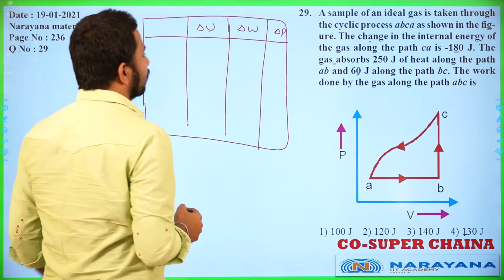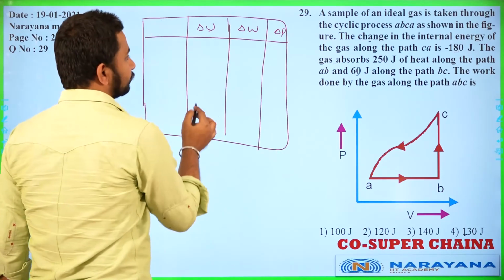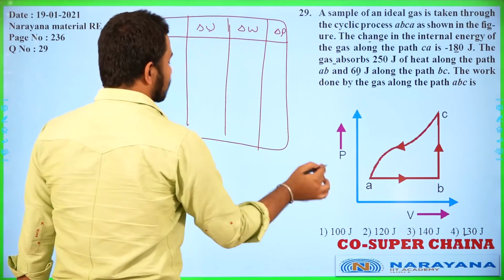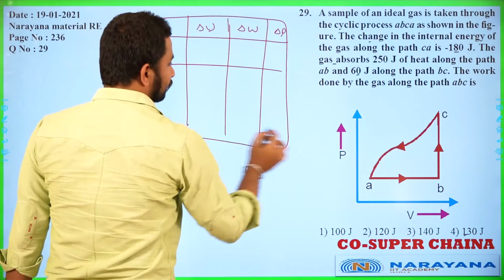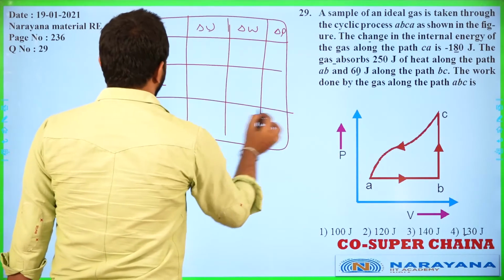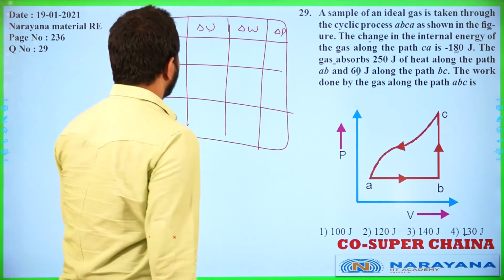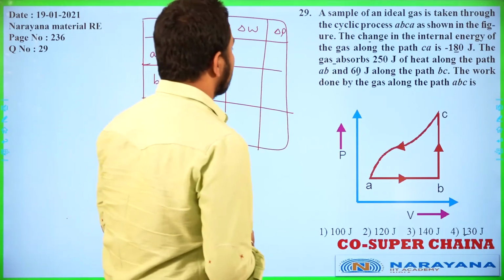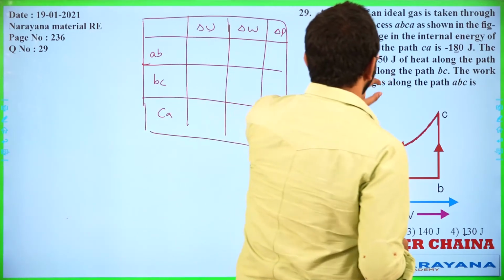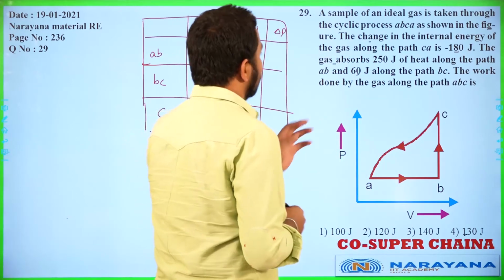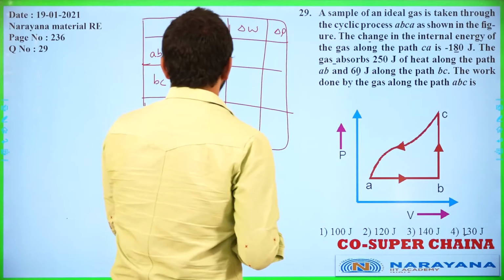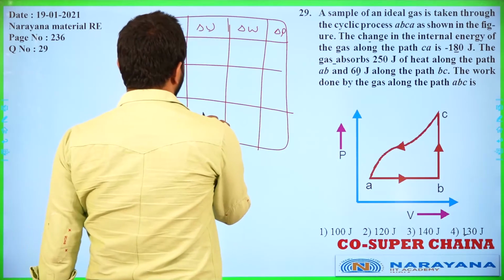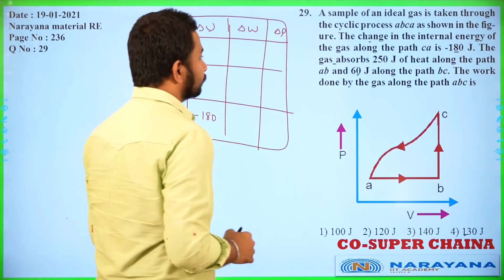Now here the processes are given, so we'll start with AB, then BC, and then CA. Now in this question, the change in the internal energy of the gas along the path CA is given as minus 180, so along CA we'll put minus 180.